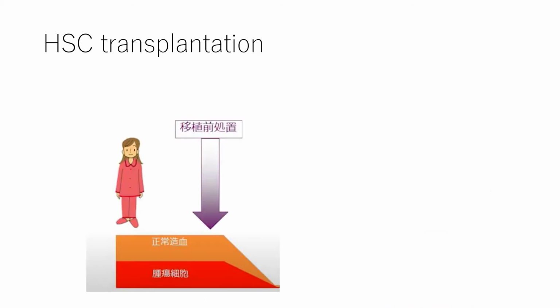Next, I would like to talk about hematopoietic stem cell transplantation, a typical treatment in which autologous transplantation is used. This treatment is used in conjunction with aggressive chemotherapy for patients with tumor cells.